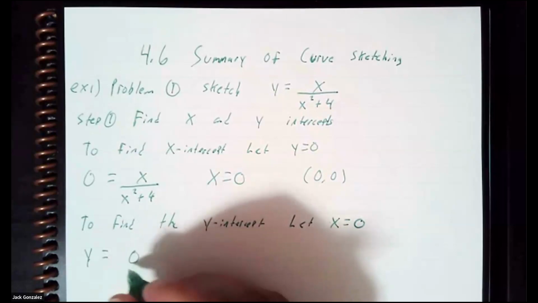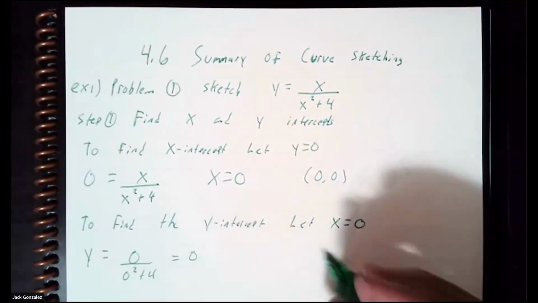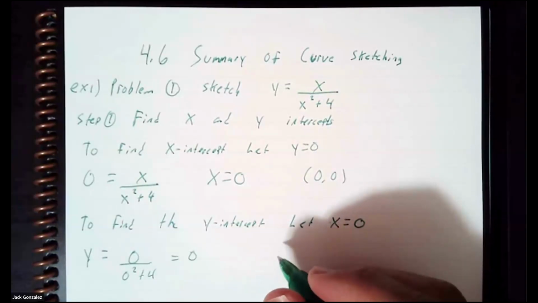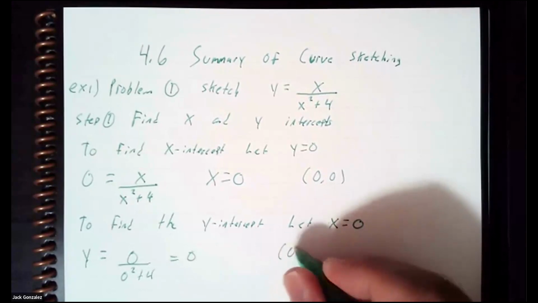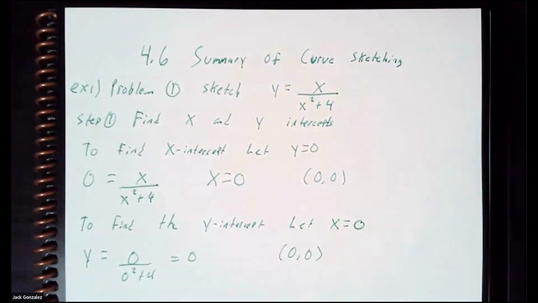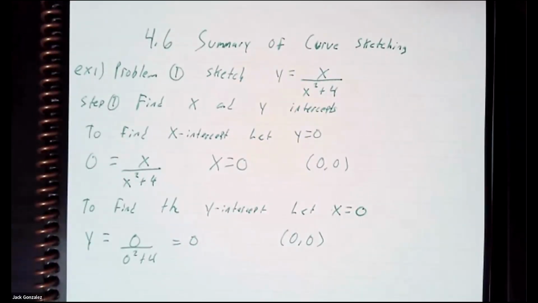If I plug in 0 for x, you would get 0. So the y-intercept is (0, 0). All right, so there are the intercepts. It turns out it goes through the origin, which is not that interesting.